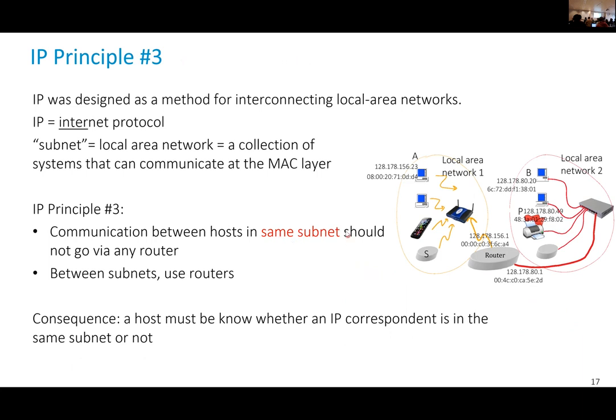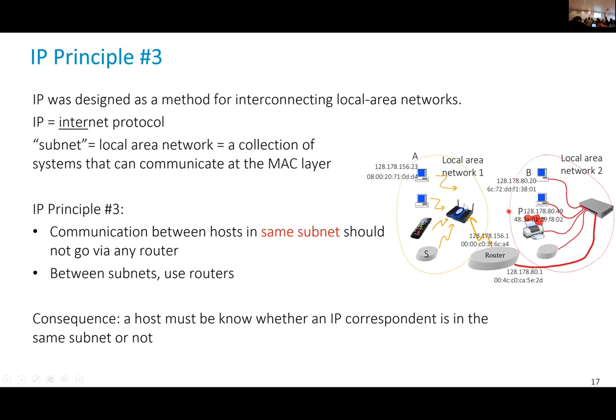What IP calls a subnet is, by definition, the same as a local area network, exactly synonyms. It means a collection of systems that can communicate with each other, that are able to send packets to each other using only MAC addresses. So here there are two subnets, the Wi-Fi subnet and the Ethernet subnet.